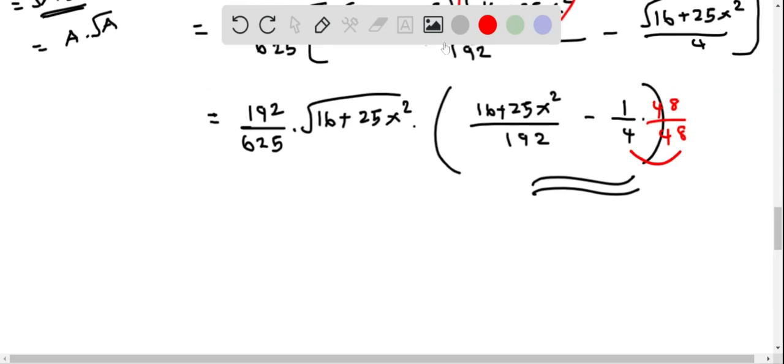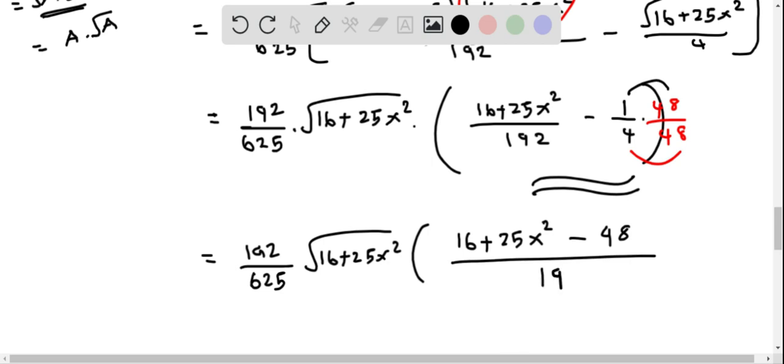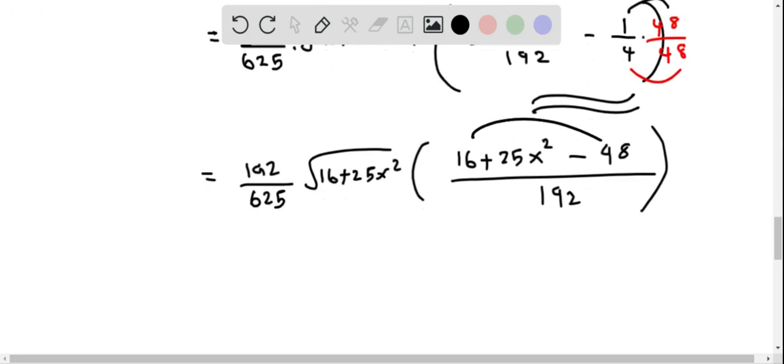So let's simplify this. We have 192 over 625 times the square root of 16 plus 25x squared, and this becomes 16 plus 25x squared. After we multiply, 1 times 48 is 48, so it becomes negative 48 divided by this common denominator of 192. Now 16 minus 48 is negative 32.